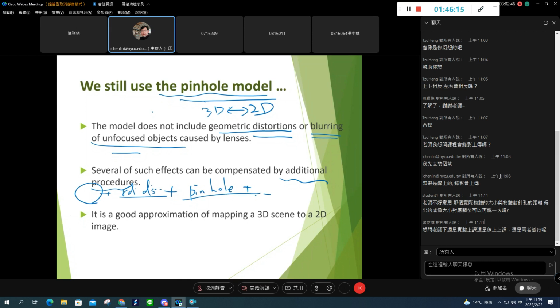And because it's quite simple, the formulation of the pinhole model is mainly based on what we can estimate, or formulate through some matrices.